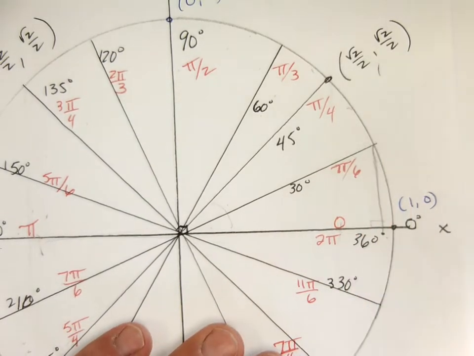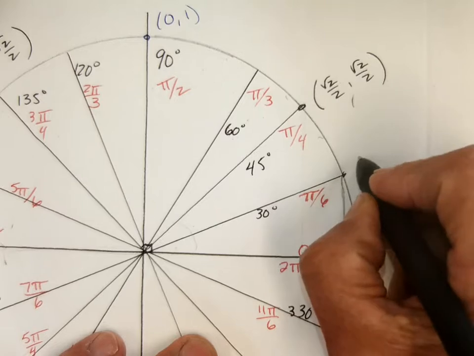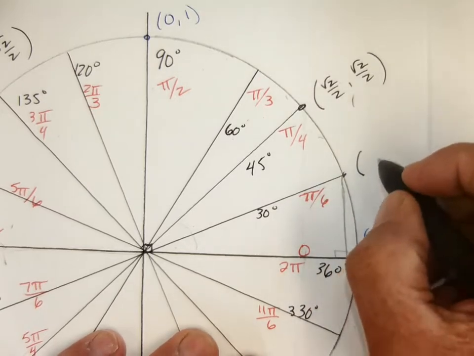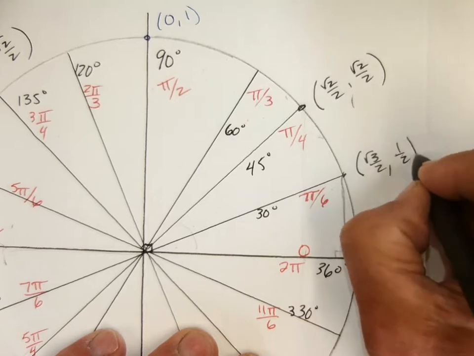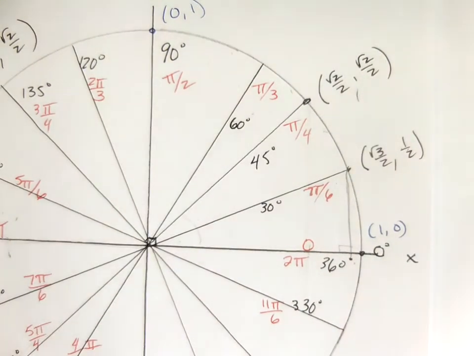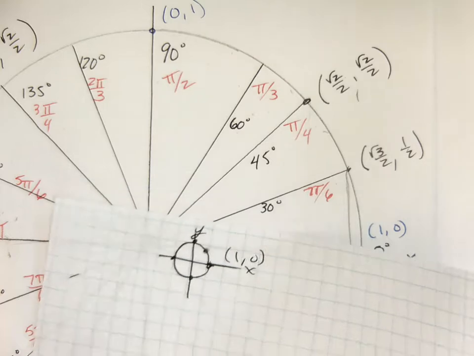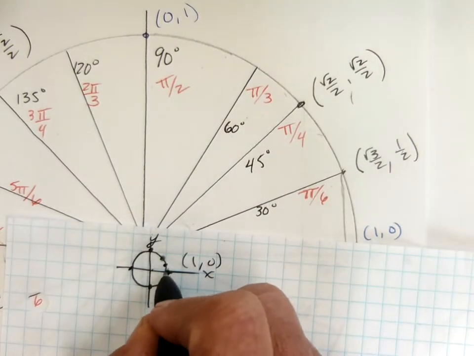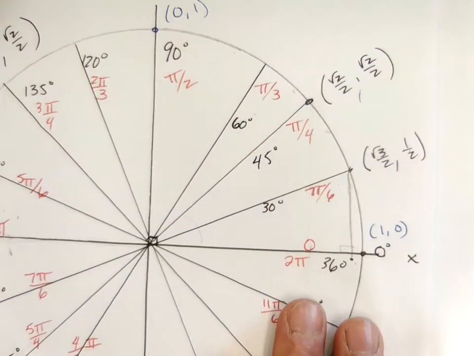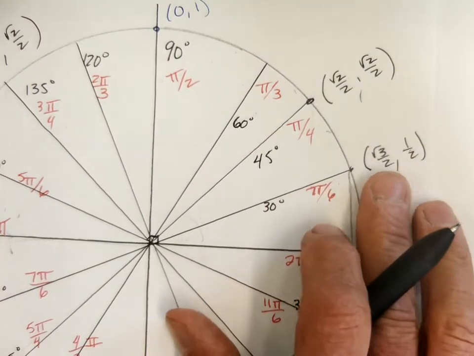My y value is 1/2. So the coordinate right here is going to be square root of 3 over 2, 1/2. Okay? And again, this triangle is really on the coordinate grid. This 30-degree angle is right here. So you'd have it right there, but it's really small. So we blow it up, and this would be the actual coordinate right there on the circle.